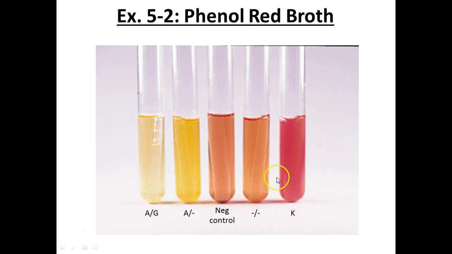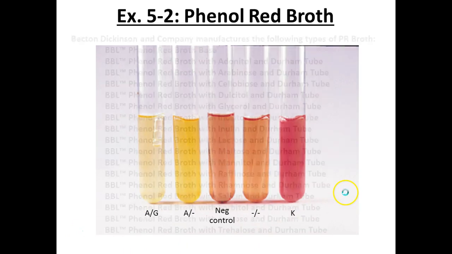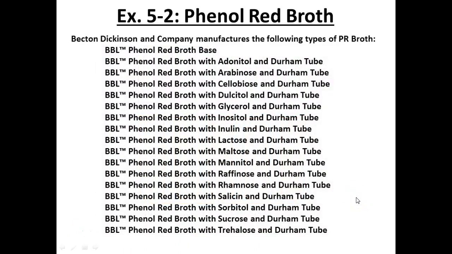In this case, they didn't do fermentation. Instead, they use the protein as a food source, and when they do that, they produce basic byproducts and are going to turn the media this pretty pink magenta color. So this is the code that you guys need to learn what it means, right, for each one of these tubes.